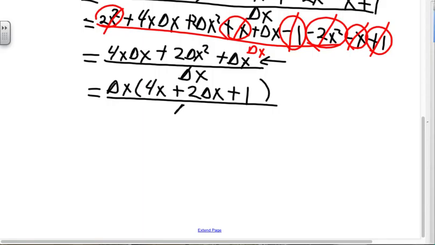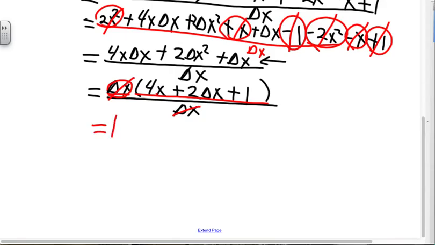All over delta x. Okay, now I've got this times this thing. Now normally I told you not to do it when you've got a plus, but this is times this divided by this, so those divide out to 1.